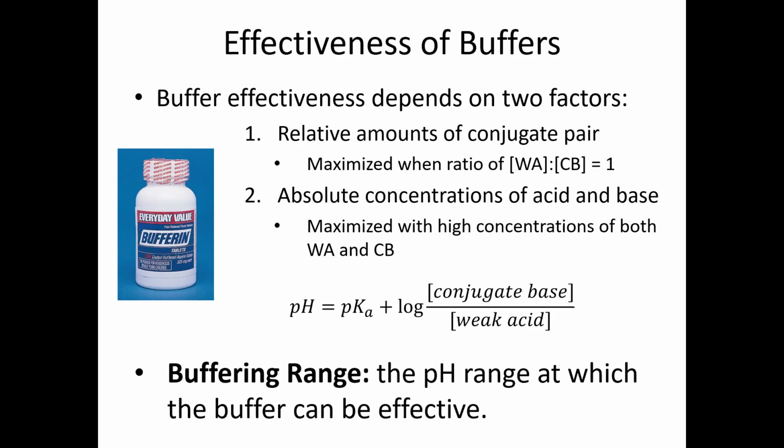We don't want 0.001 molar of our weak acid, or 0.001 molar of our conjugate base. We want to have significant absolute concentrations. We want them to be high, because the higher they are, the more they're going to be able to resist the volume of changes. And then the closer they are to each other, it comes into the Henderson-Hasselbalch equation.